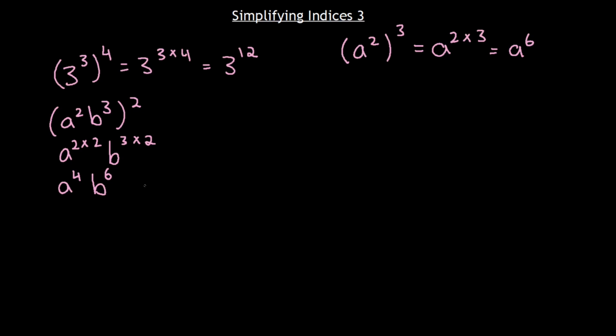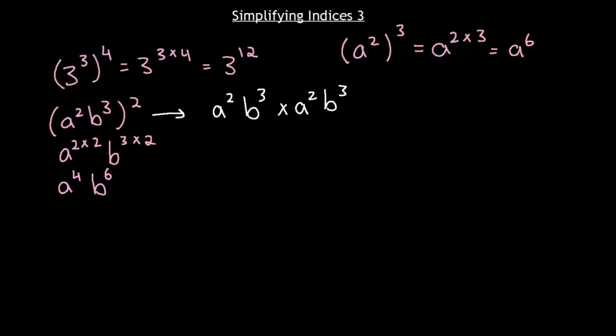Now I want to take you just a bit more in depth here so you can fully understand why we multiply both powers, because it will get a little bit complicated later on. So what this bracket is telling us is that we have a squared b cubed times itself again. So a squared b cubed.